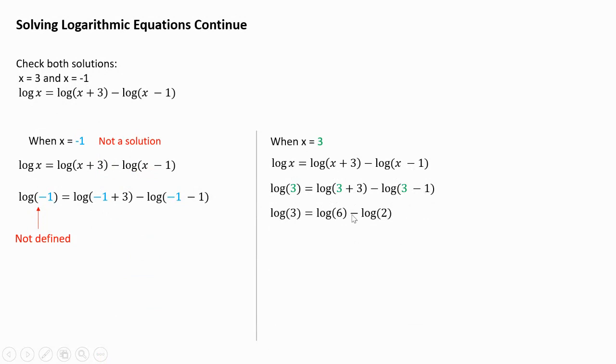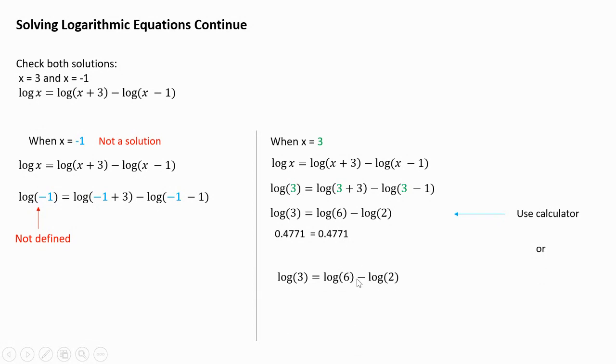Now you can actually put this in the calculator because these are both base 10. So you put log of 3 in the calculator, it's going to give you something like 0.4771, right? And log of 6 minus log of 2 is going to give you the same thing, 0.4771. But like I mentioned earlier, you can do it without a calculator, right? So I'm going to be applying the rule that we just learned.